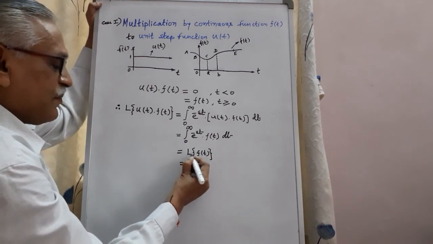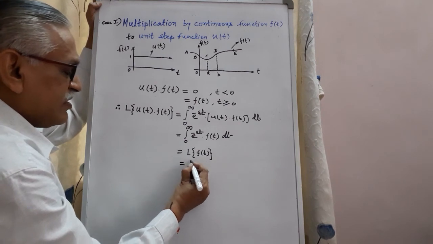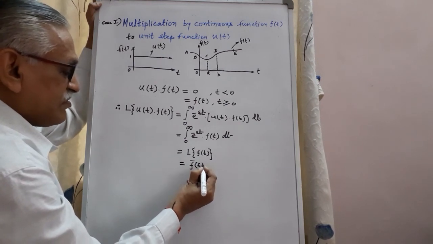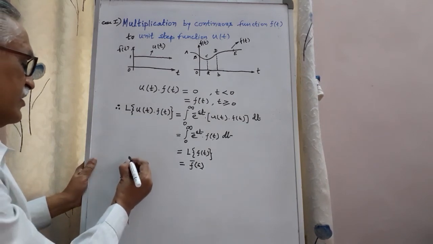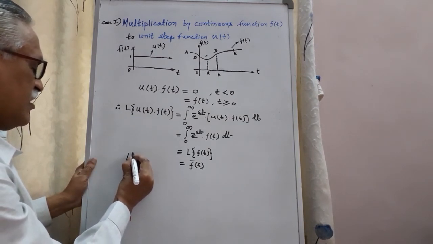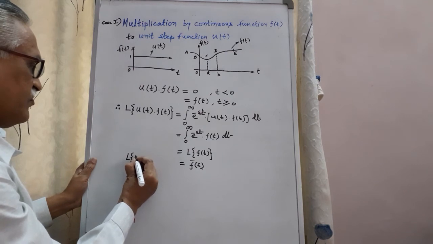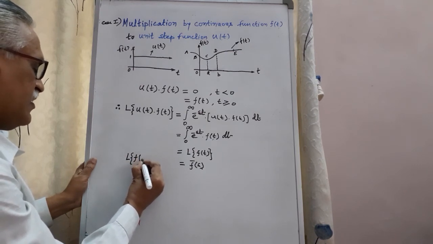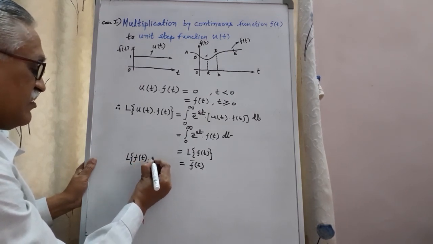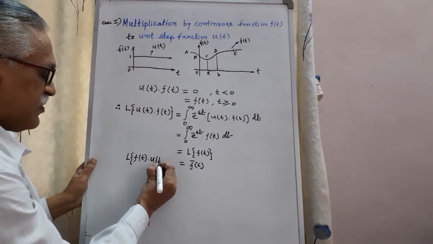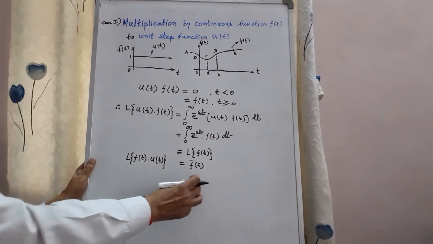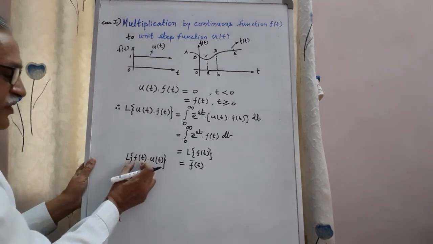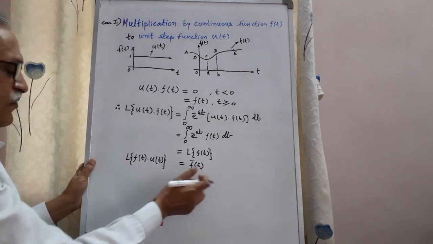And therefore Laplace of f of t we are denoting by f bar of s. Okay, and therefore we get this result, Laplace of f of t multiplied by unit step function u of t is equals to Laplace of this function f of t as f bar of s.